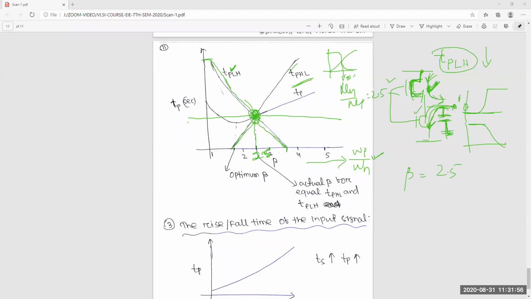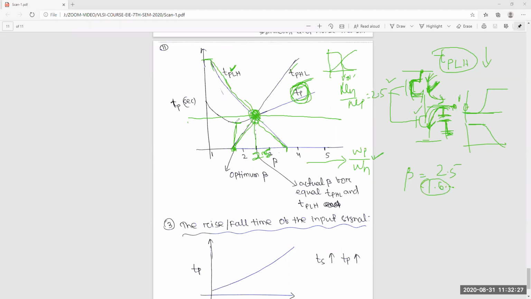Okay. But now we can see the overall TP, the average of those two. Okay, so you can see it is minimum around 1.6, or like that, 1.4.